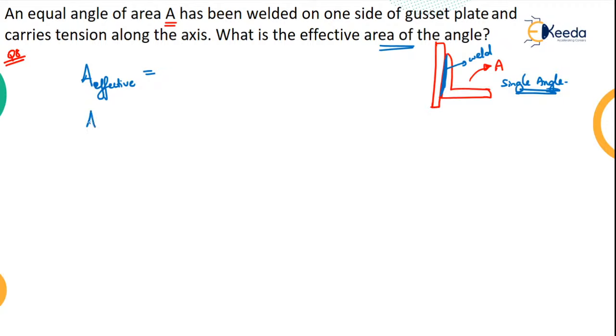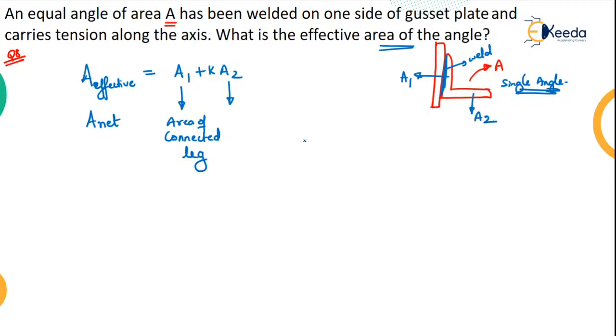So the effective area, or I can call it the net area, is equal to A1 plus K times A2. Now, what is A1 and A2? A1 is nothing but the area of the connected leg. So this leg area is A1 and the one which is not connected, that is your A2. But we cannot just add it like that. A2 should be multiplied by a constant K and then we have to add it.